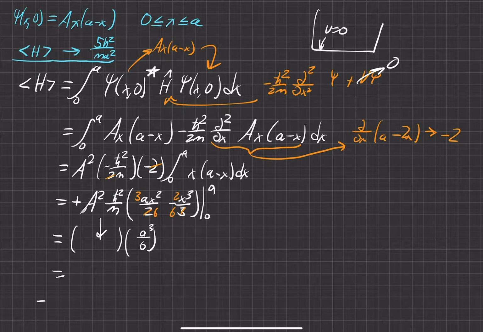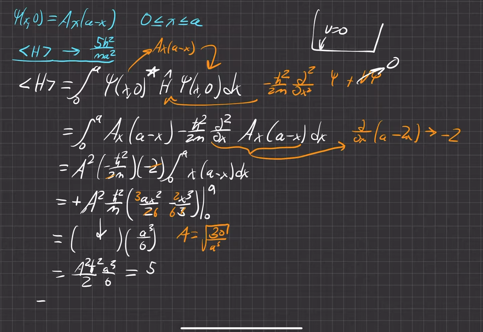Now the normalization constant a was found in the example problem to be the square root of 30 over a to the 5th, which was in the textbook, so we didn't have to figure that out. So we have a squared, h bar squared over 2m, a cubed over 6, and that all equals, substituting a in, 5 h bar squared over m a squared. And that's it.